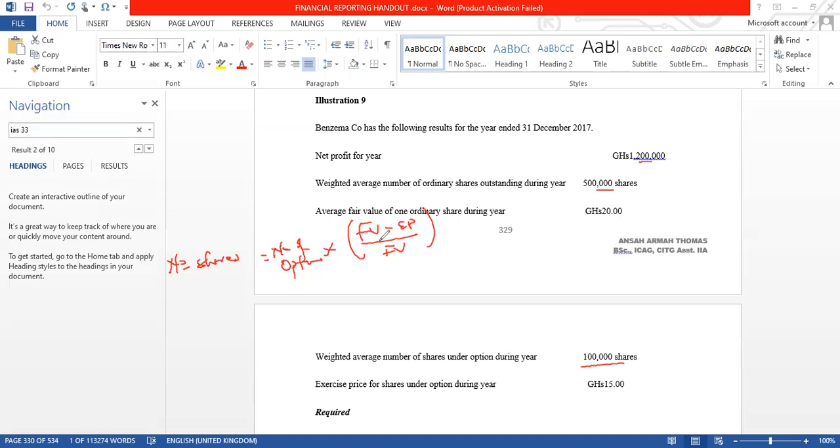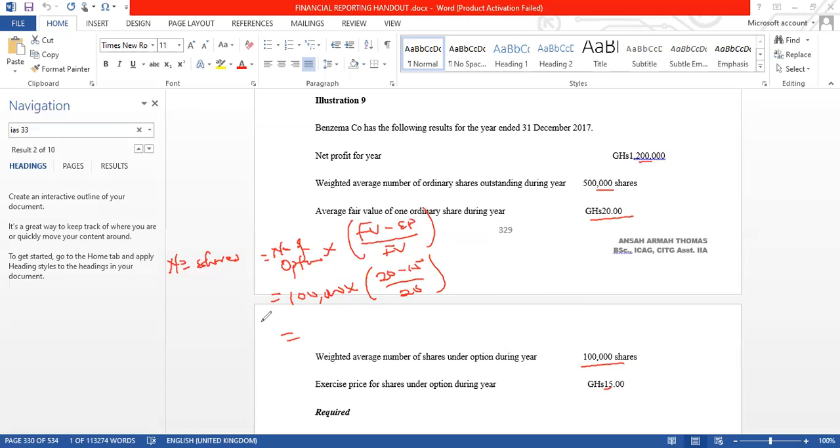What we need to do is that we just go through here. Cash has been received for the other end. So what you need to go through here is plotting your 100,000. What is the fair value? You have 20 minus 15 exercise price, all over 20.